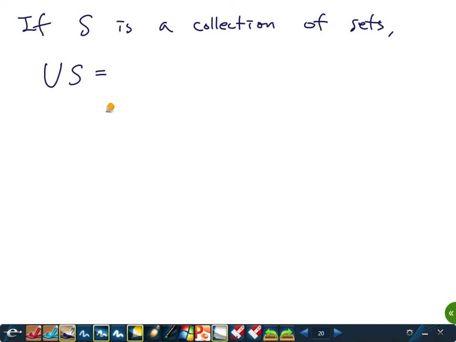So inside S there are many sets. You take the union of all of them. Can you write this? So what does union mean? A union B means the set of elements which is either in A or B, or both. If X is in one of those sets A or B, we say that it is in the union.